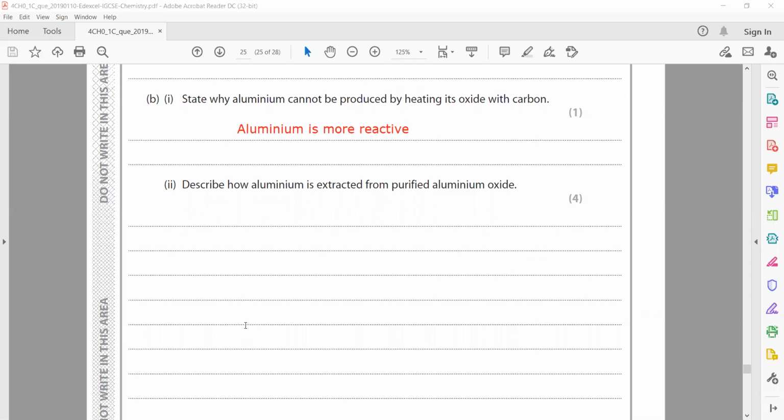Describe how aluminium is extracted and purified from aluminium oxide. So the technique which we use is called electrolysis.